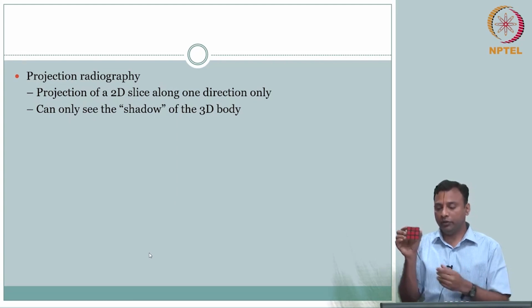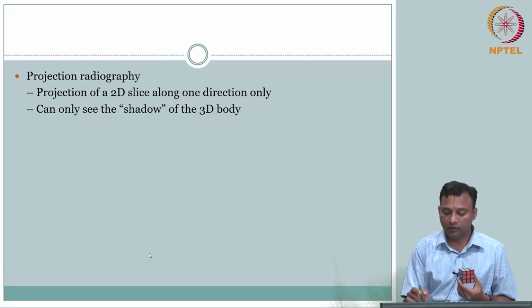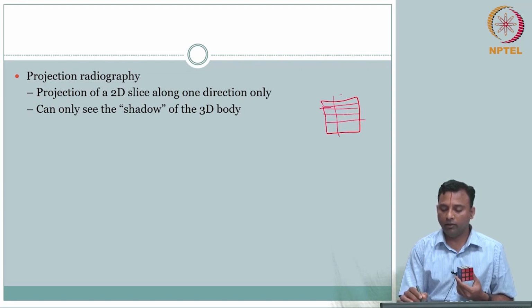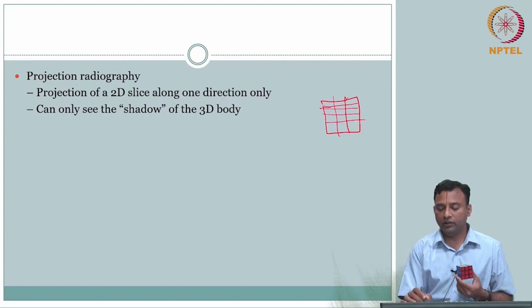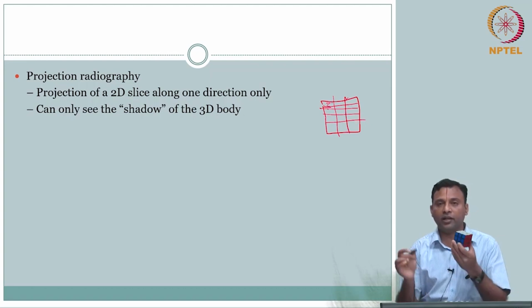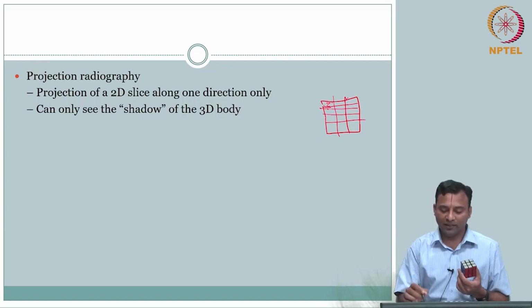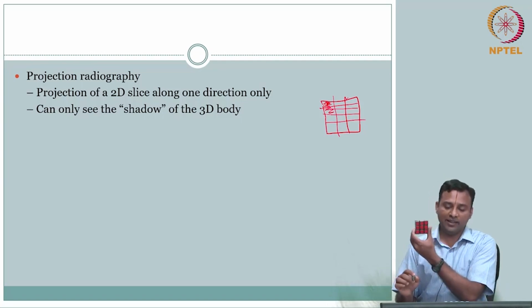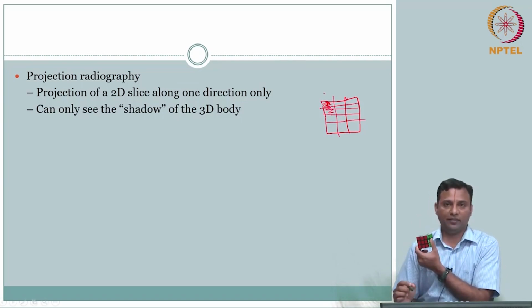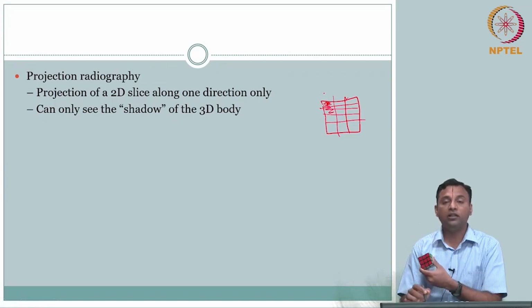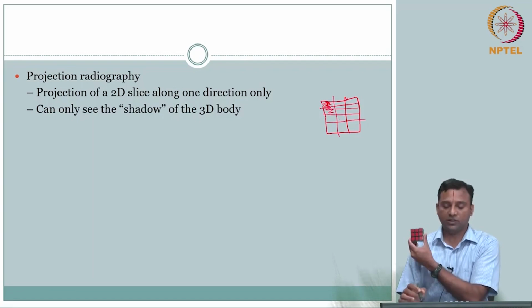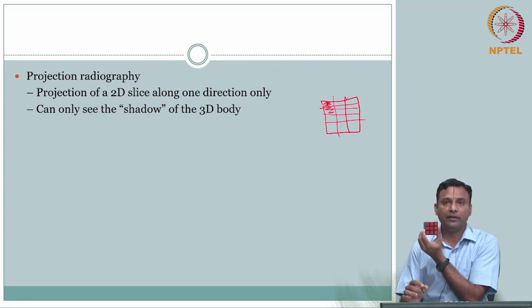So to make life simple, this is what you would have seen, and I am not going to color because I don't have the color, I don't want to waste time on that. But the idea is, you see one square, it is not a cube that you see, because you see the projection, and so you would have seen a square which has 3 cross 3 small squares if you are really able to pick it.